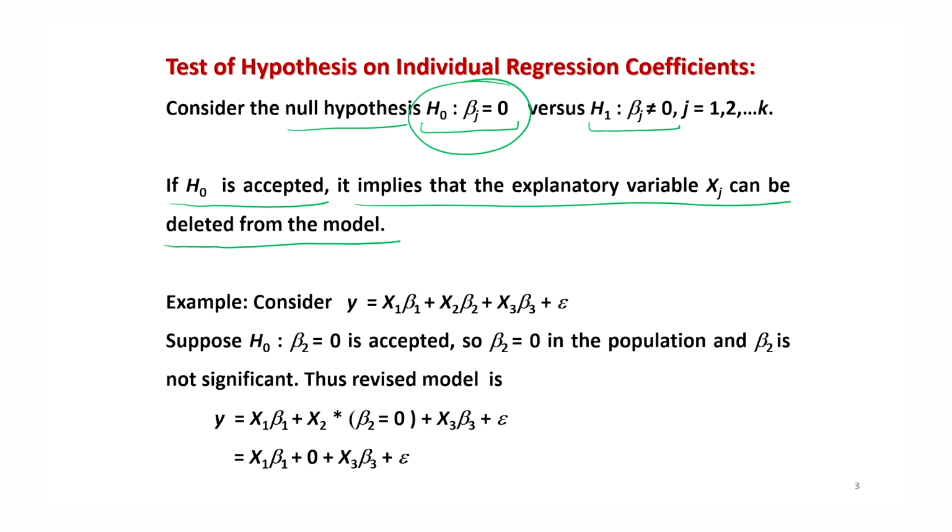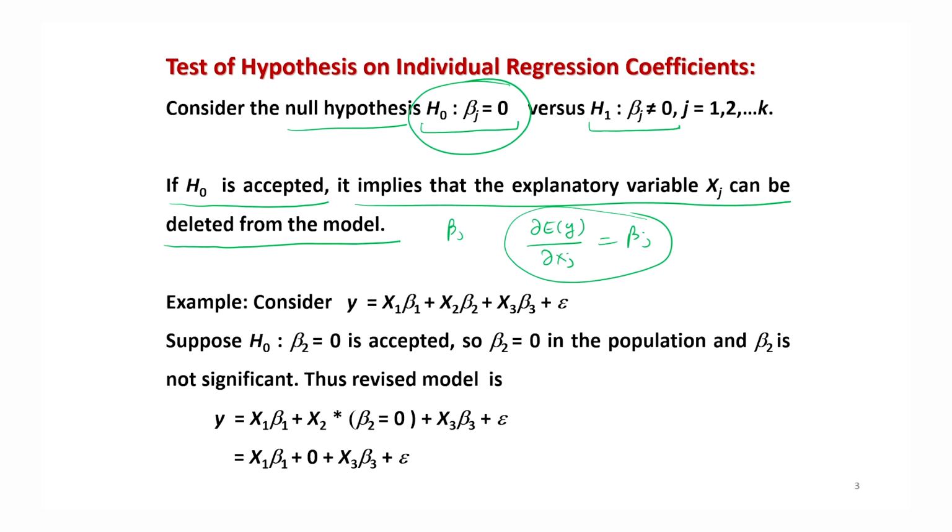Because if you try to see the meaning, beta j is the partial derivative of expected value of y with respect to xj. So this indicates the average change in the value of y when there is a unit change in the value of xj, that is the rate of change in the average value of y with respect to xj.